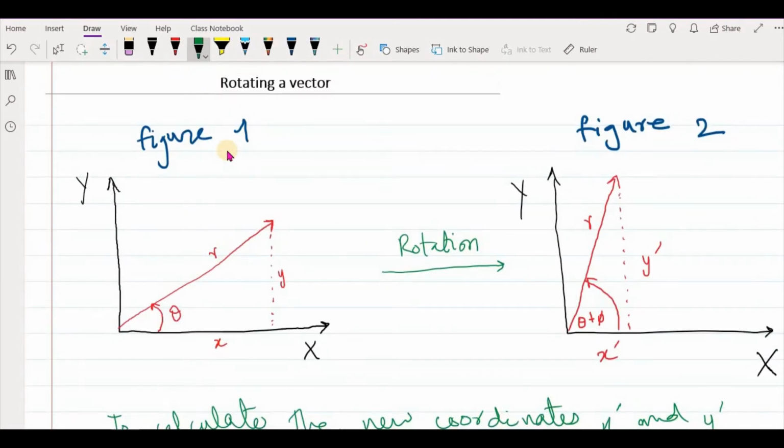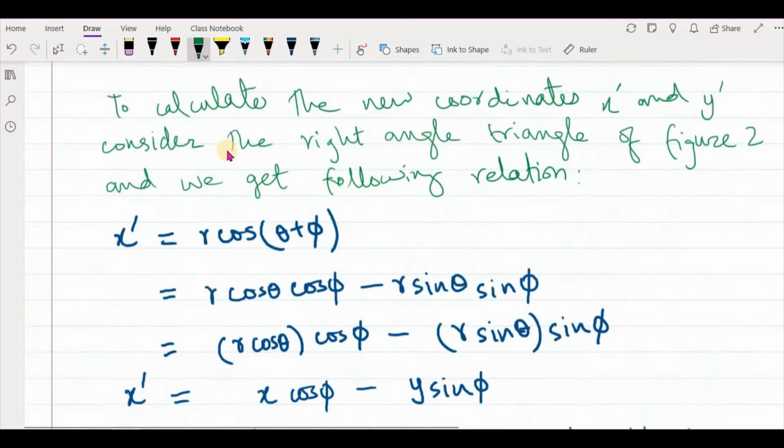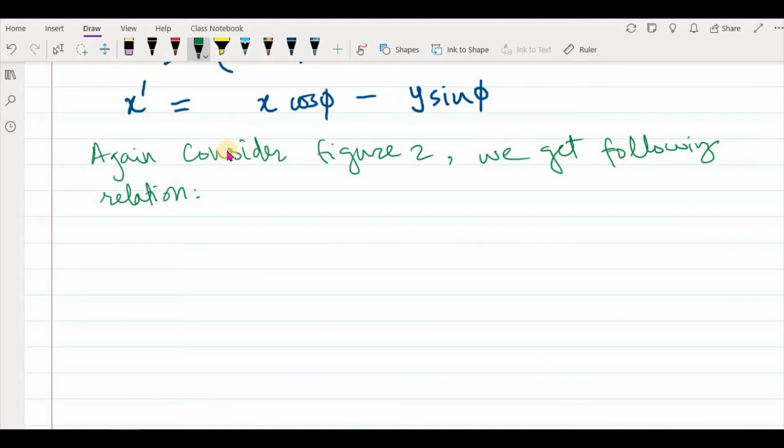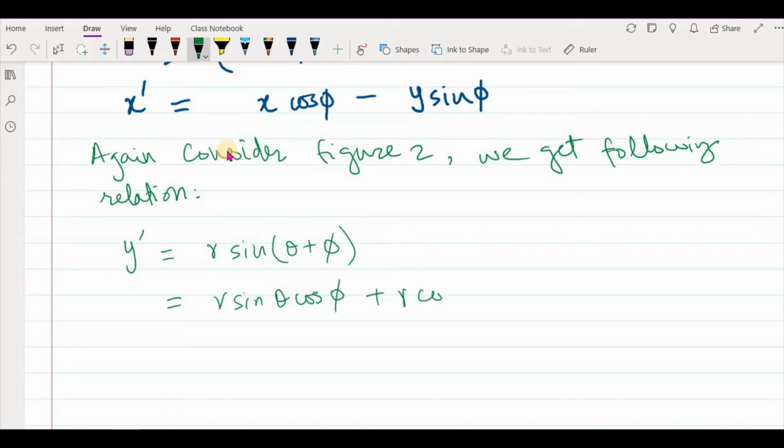The relation is that if we want to calculate the y bar, y dash, it will be equal to sine of theta plus phi into r. So we can write it like y dash is equal to r sine theta plus phi, which can be written as r sine theta cosine phi plus r cosine theta sine phi.